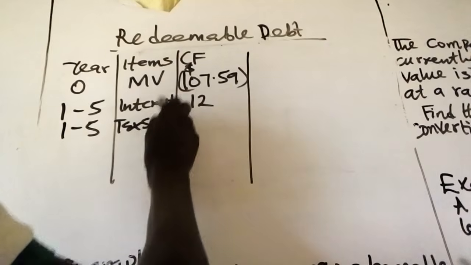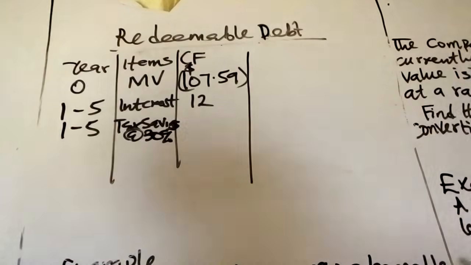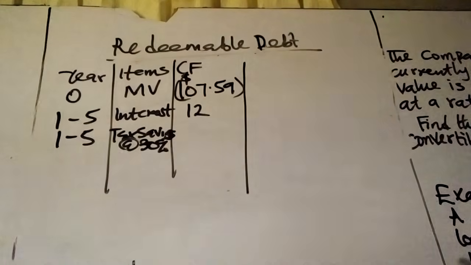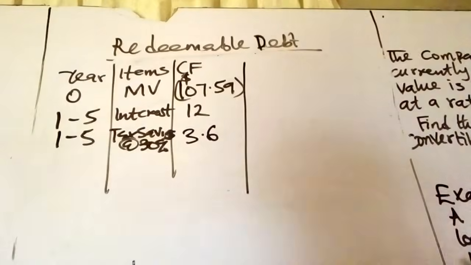The tax rate is given to be 30%. So you calculate 30% of 12, and that gives us 3.6.